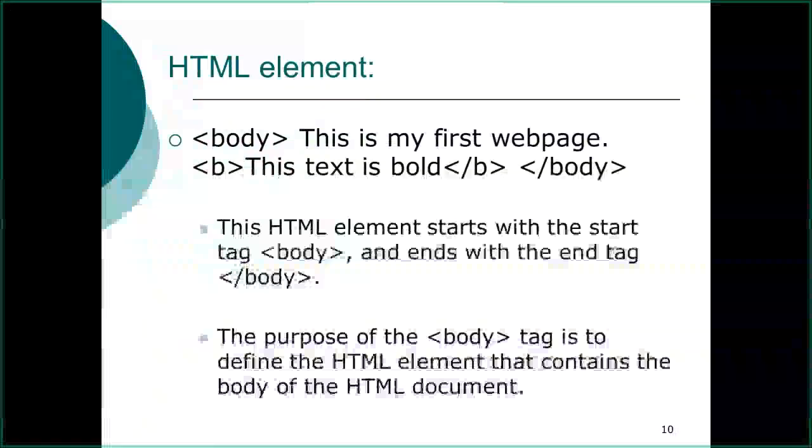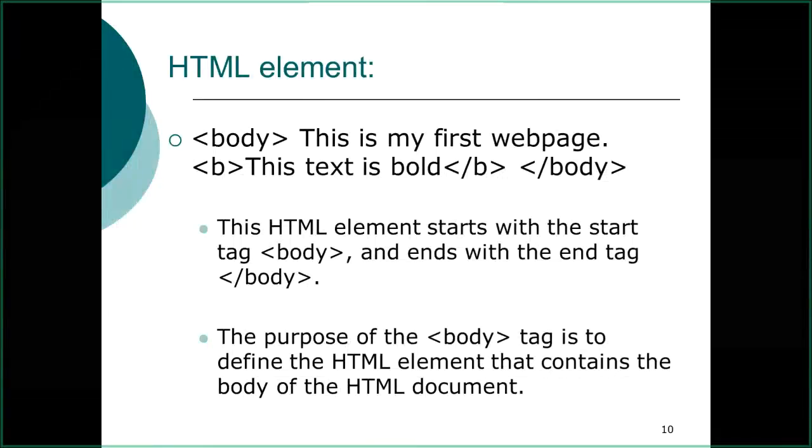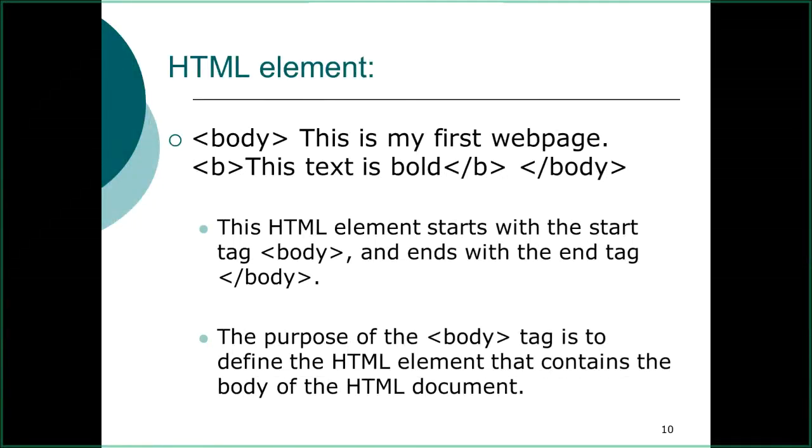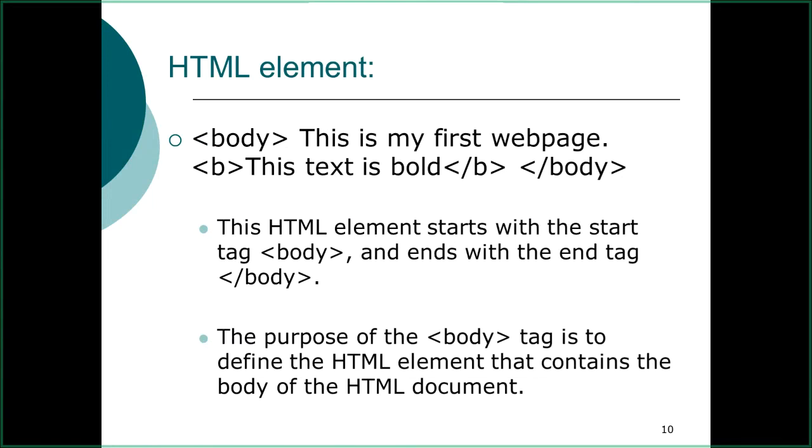Next one is body, and the purpose of the body tag is defining the main body of the web page. So you can have elements outside of the main body that is referenced and called into the body.